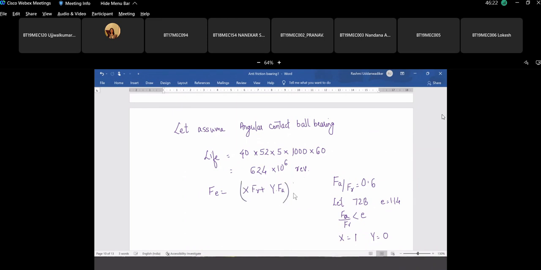Multiply it with the heavy load component Ks. Let Ks be 1.5. So what is Fe? Fr into 1.5. This is given on page number 4.2. This load is coming out to be 3.75 kilonewtons.